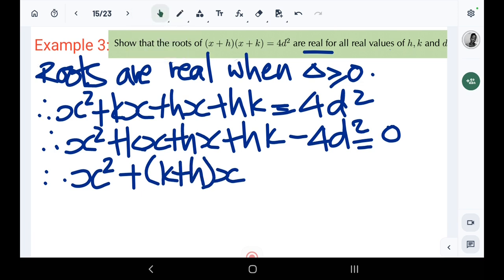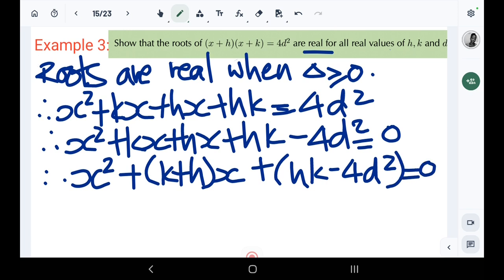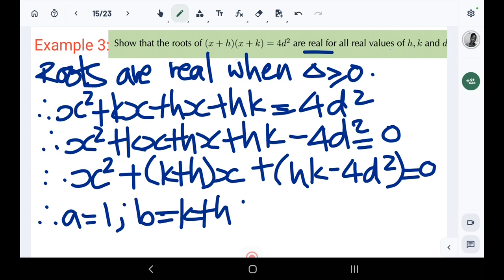And the constants are hk minus 4d squared. You can put them in a bracket just to help you see what they are. Therefore, now our a equals 1, our b equals k plus h, and our c, the constant, equals hk minus 4d squared.